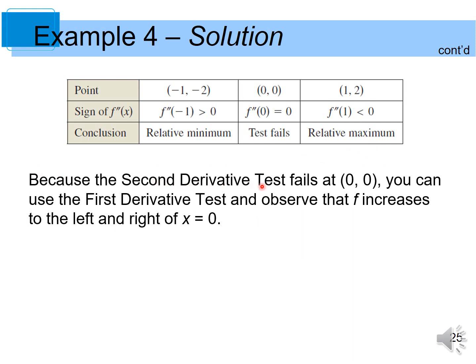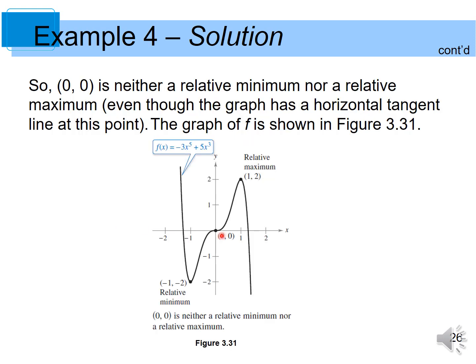Because the second derivative test fails at (0, 0), you can use the first derivative test and observe that f increases to the left and right of x equals 0. So (0, 0) is neither a relative minimum nor a relative maximum, even though the graph has a horizontal tangent line at this point.